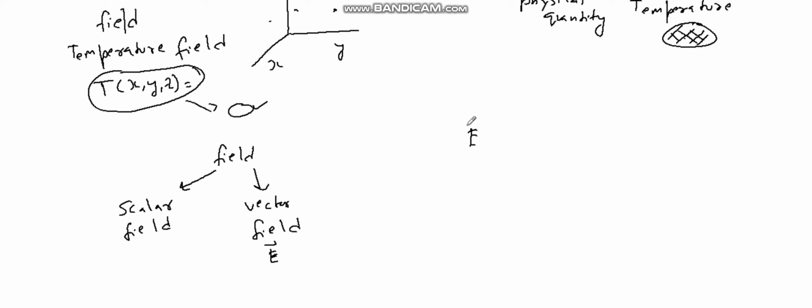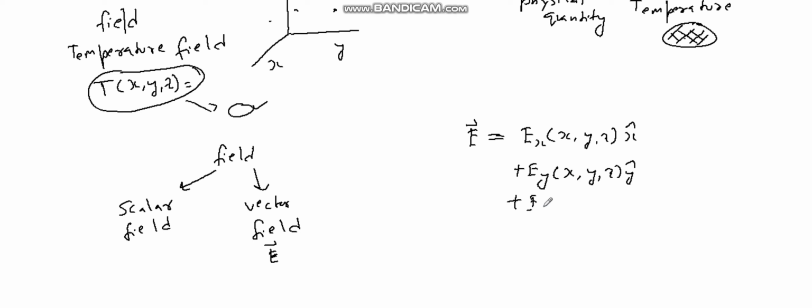This E can be represented by Ex, which itself may be a function of x, y and z, times x cap, plus Ey, which itself may be a function of x, y and z, plus Ez, which itself may be a function of x, y and z. So that is the vector field.